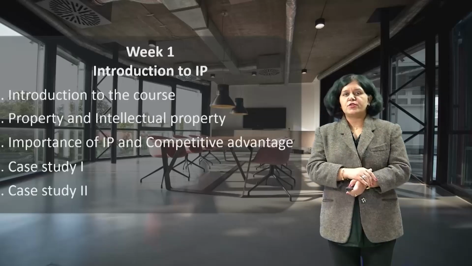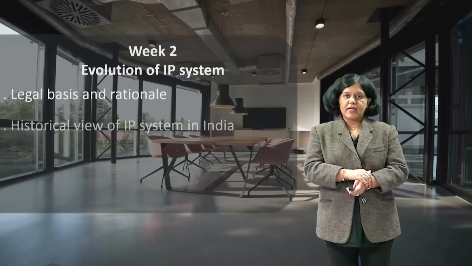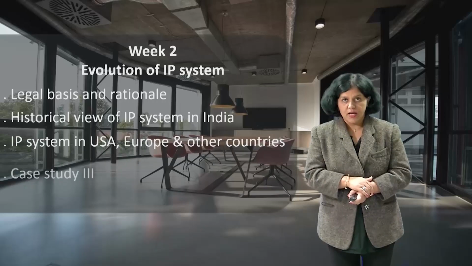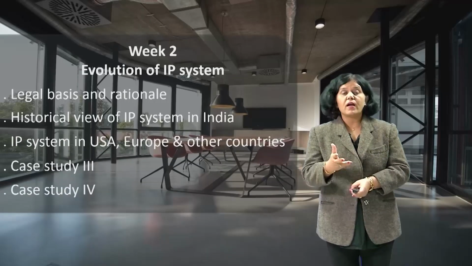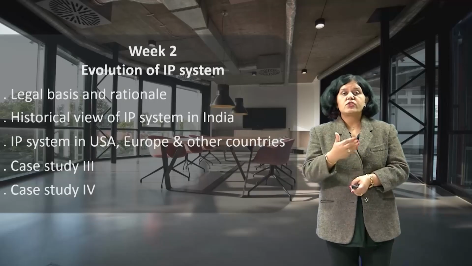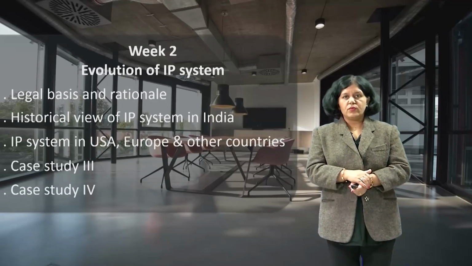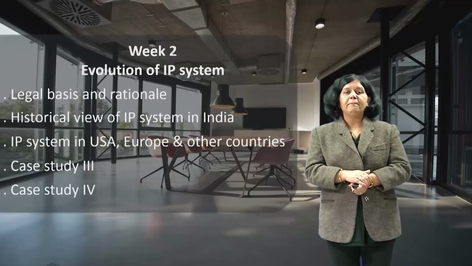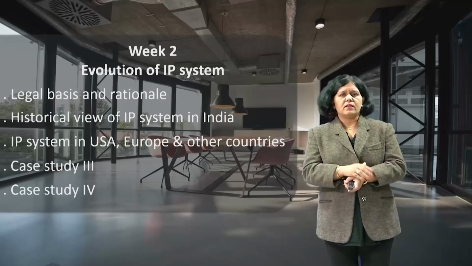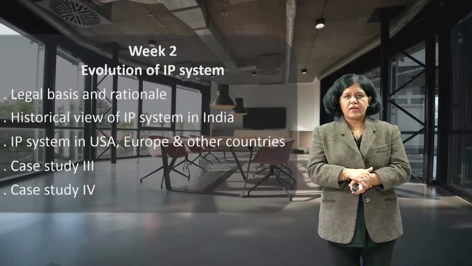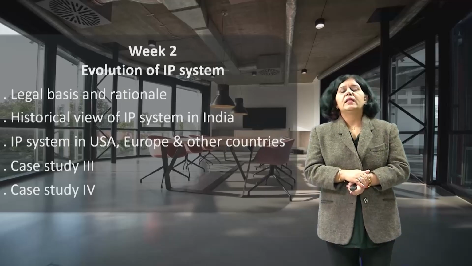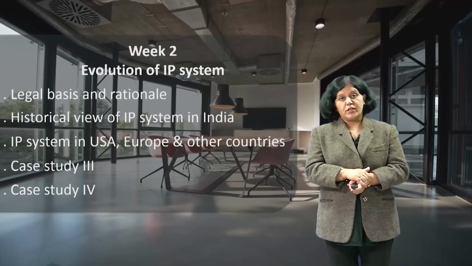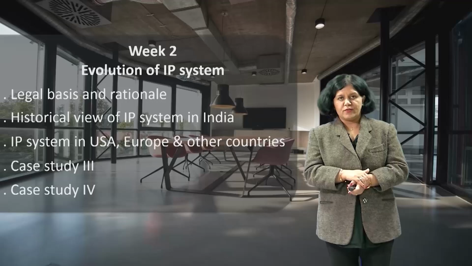Now week 2, where we are covering the evolution of the IP system: the legal basis and rationale for the IP system, why this IP system exists, and a historical view focusing on India. Then we will give glimpses of a comparative view of the IP systems of USA, Europe and India. Then we will study 2 case studies here also.